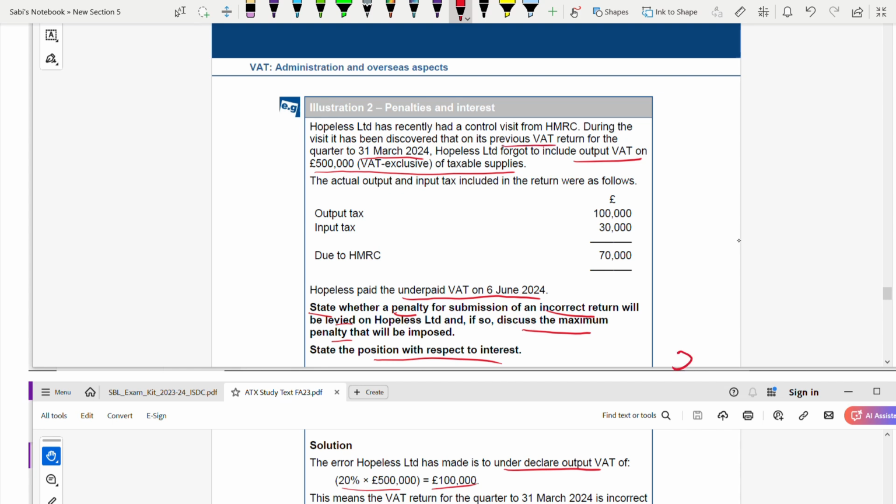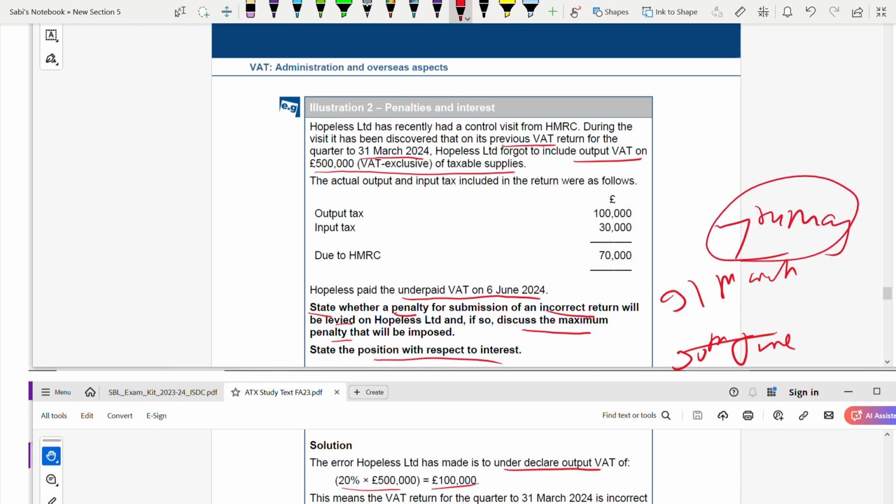This time it will be 30th June. So from 31st March you have made the mistake. From 31st March, 1 month 7 days is 7th May. 7th May is your due date.